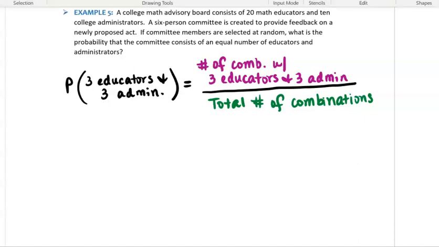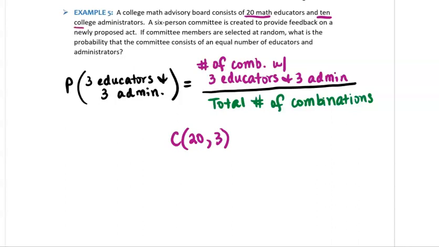We want to find the number of combinations consisting of 3 educators from a group of 20. So 20 educators, and we're hoping to get 3. And 3 administrators from a group of 10.